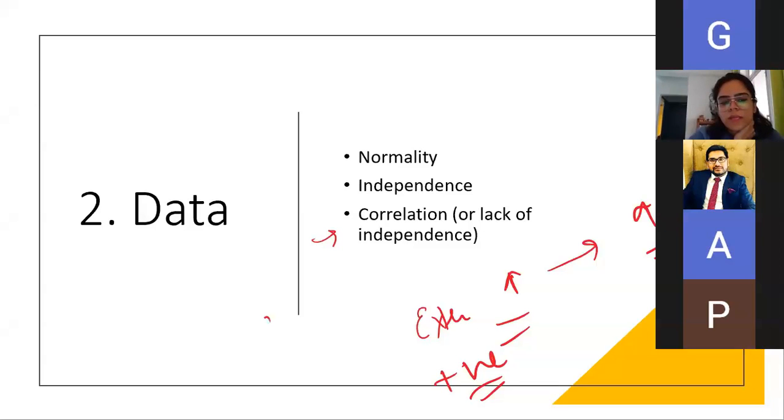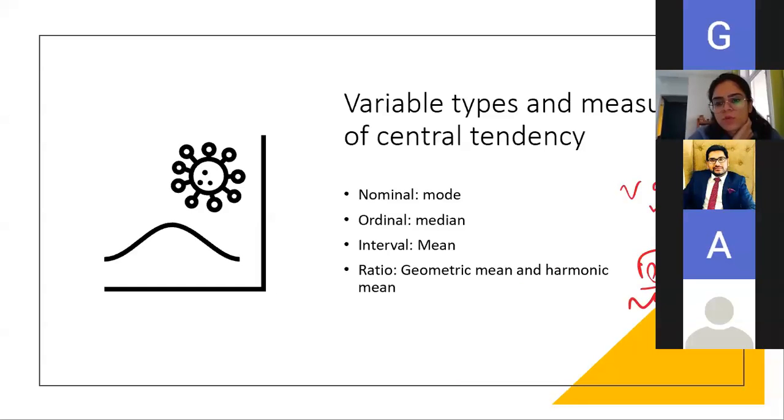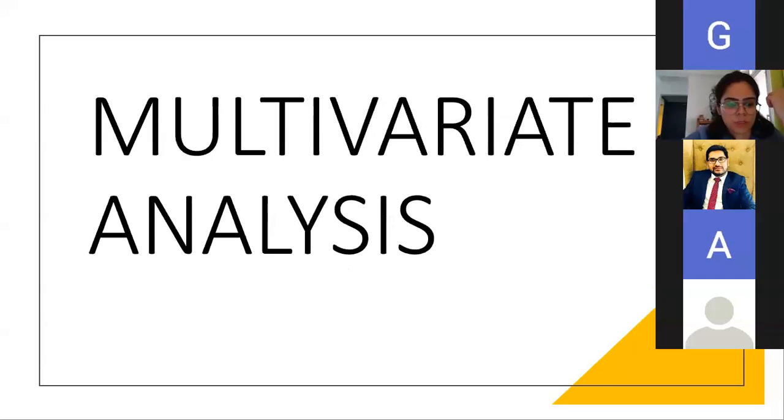So correlation is that if you are changing one variable, the other variable also changes. They move in the same direction in positive correlation. Whereas a variable like male equals 1, female equals 2, that is coding. So that's another thing, because we'll be using the word variable interchangeably. So nominal, ordinal, interval, these are also called variables.